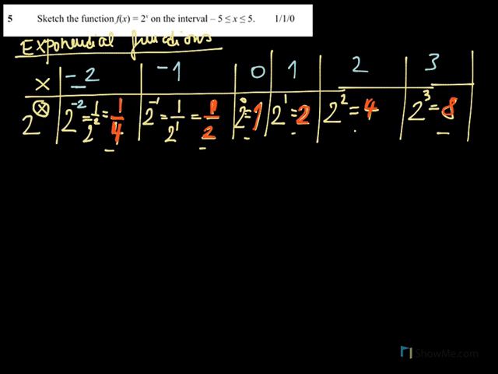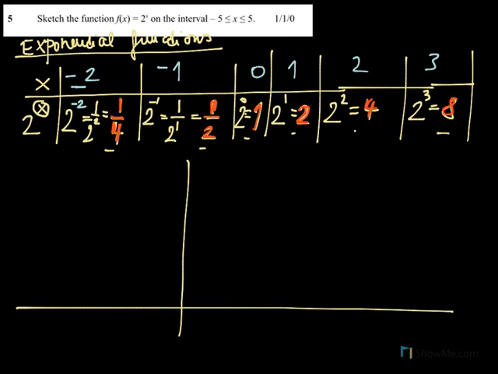So that's one of the properties of exponential functions. And so we found the values for negative 2, negative 1, 0, 1, 2, 3.